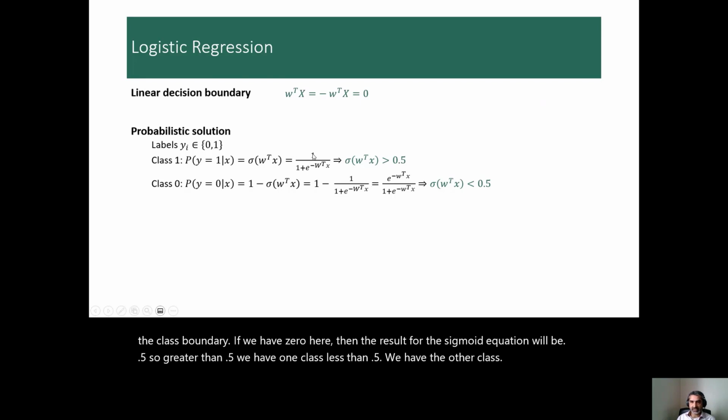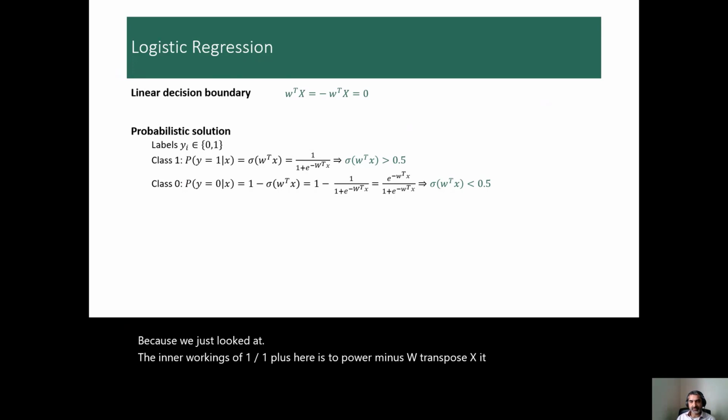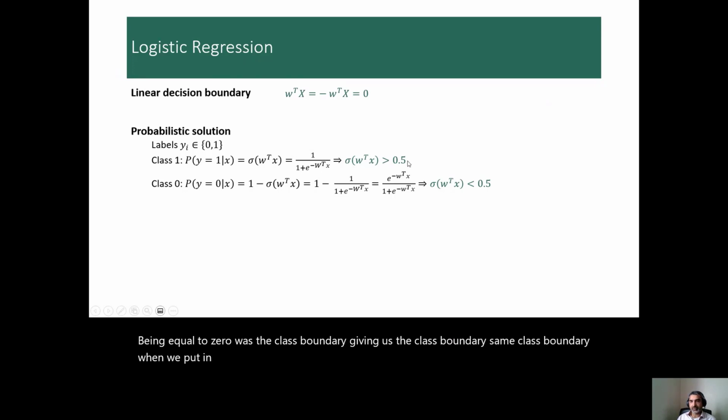Because we just looked at the inner workings of 1 over 1 plus e raised to power minus w transpose x. It gives us the probability, right? This thing for perceptron being equal to 0 was the class boundary. The same class boundary, when we put it in the sigmoid equation, will give us a result greater than or less than 0.5, and we can then decide not only the class but the degree of belonging as well.